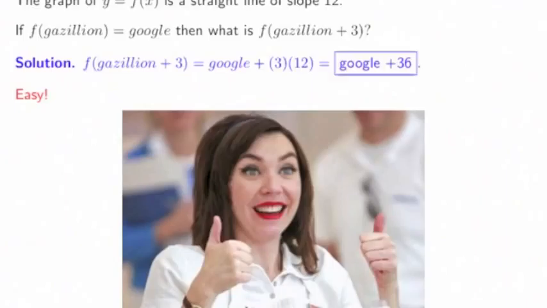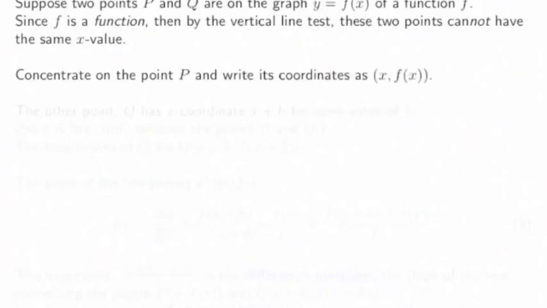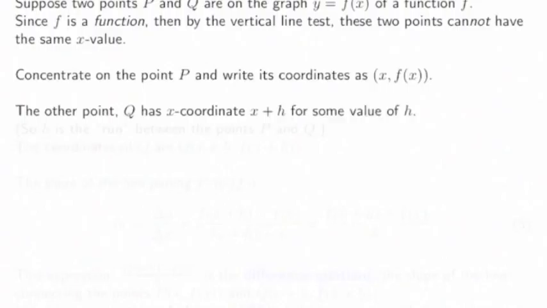Easy. Piece of cake. Suppose 2 points P and Q are on the graph y equals f of x of a function. Since f is a function, then by the vertical line test, these 2 points cannot have the same x value. So let's concentrate on the point P on the graph of this function and write its coordinates as (x, f of x). The other point Q has x-coordinate x plus some value h.